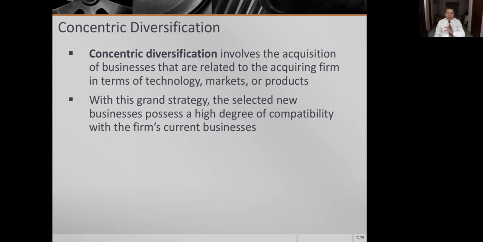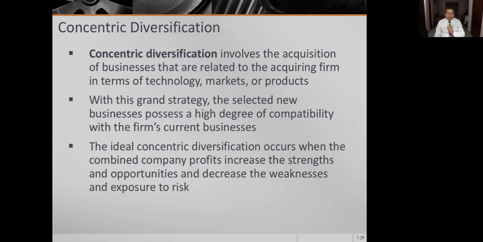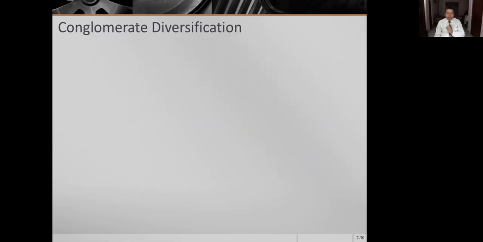See, compatibility, synergy effect, merger and acquisition can happen in that. The ideal concentric diversification occurs when the combined company profits increase the strengths and opportunities and decrease the weaknesses and exposure to risk. So you maximize the S and O and minimize the W and T in SWOT analysis.